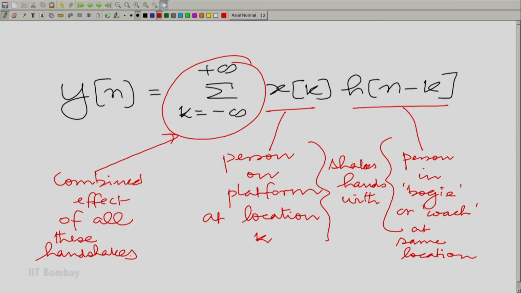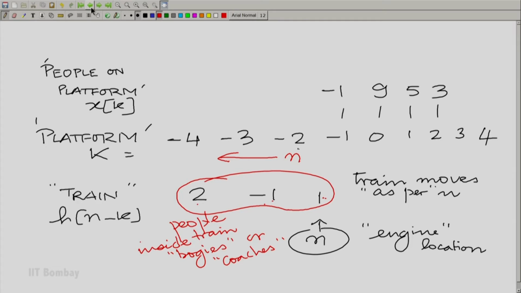So, now if you went back to the particular sequence that we have, you will notice that till the engine reaches -1, there is nothing to be really recorded as a combined handshake. Let us look at that. We will see that if we look at the platform and the train here.